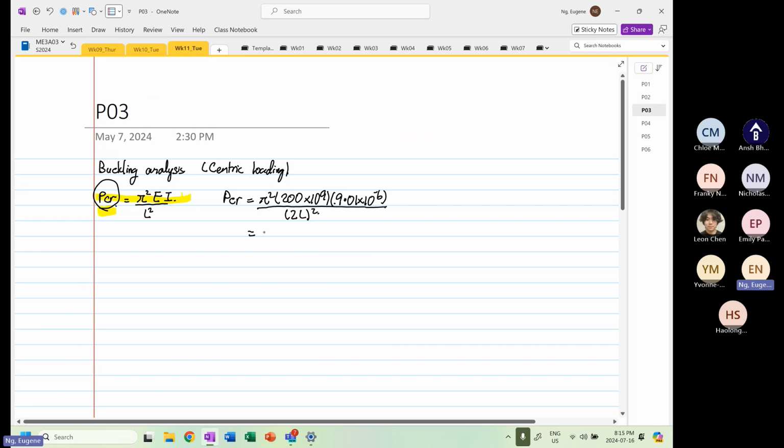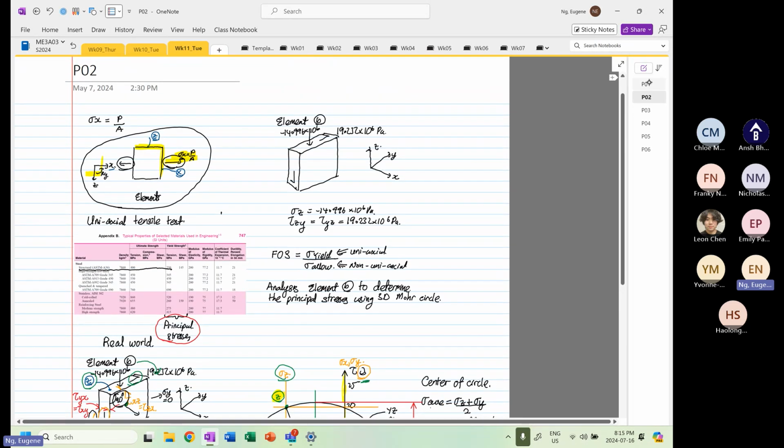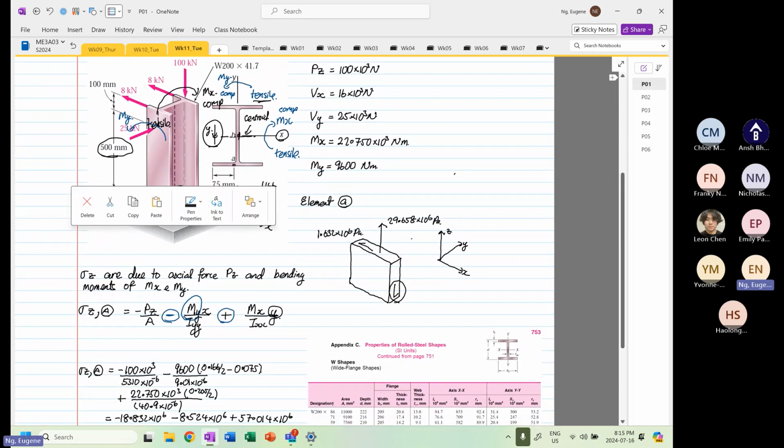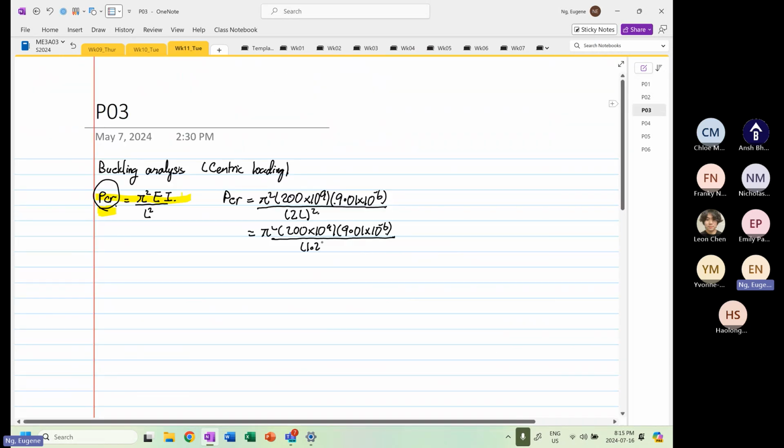So this is equal to pi squared multiplied by 200 times 10 to the power 9, multiplied by 9.01 times 10 to the power minus 6. Our length for our structure is 0.5 plus 0.1, so it's 0.6. 0.6 multiplied by 2 is 1.2, so it's 1.2 squared.